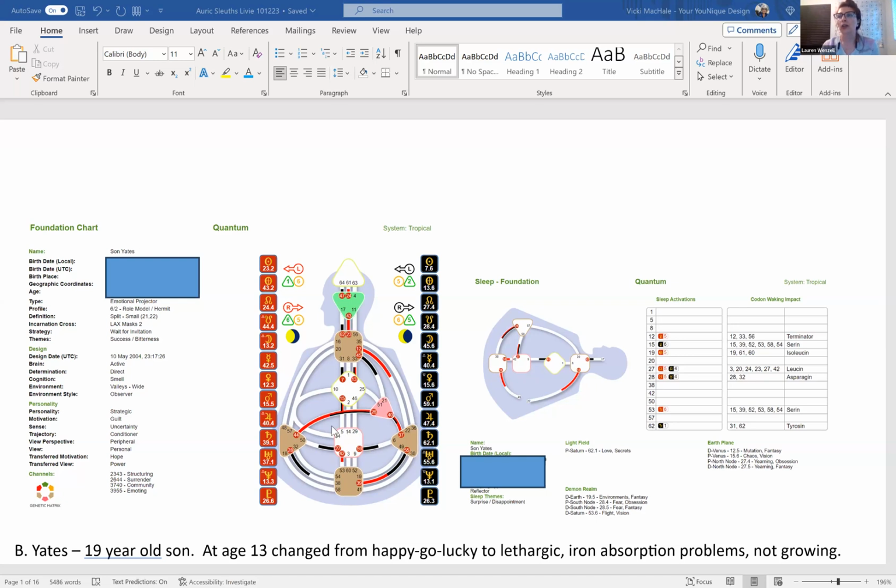And with an emotional projector, they really need to ride their emotional wave to make decisions. And for him, since he has his root defined to his emotions, to his will, and then his spleen, that's going to feel like the pulse and the urge when he is riding his emotional wave, and it feels good for him to follow through on maybe an invitation that he is being called to share his insight or share his gifts.